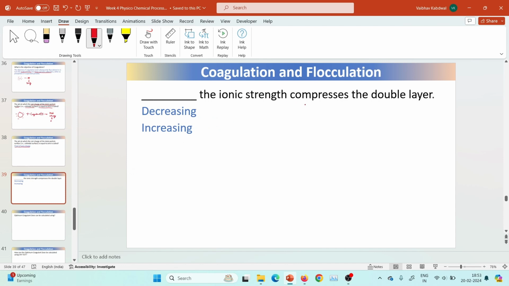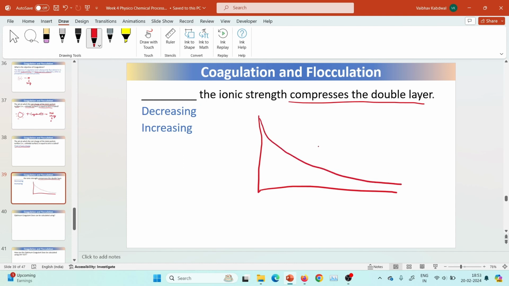The ionic strength compresses the double layer. So sir has taught something. This is the potential. If you increase the ionic strength, it will compress the double layer.